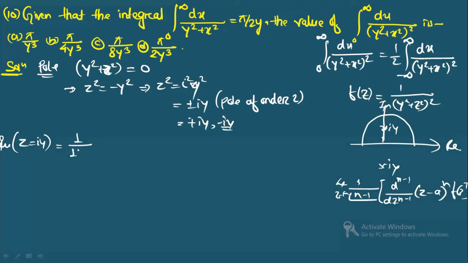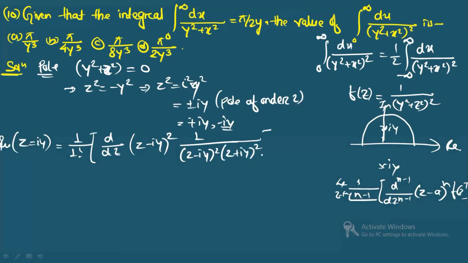Clear? So 1 by factorial (2 minus 1), which is factorial 1, d by dz. Here you will have (z minus iy) to the power n, which is 2, and the function is 1 by (z minus iy) whole square (z plus iy) whole square, at z equals iy. So this (z minus iy) square gets cancelled, and 1 by factorial 1 is 1. Now differentiating 1 by (z plus iy) whole square, you will get minus 2 by (z plus iy) whole cube.